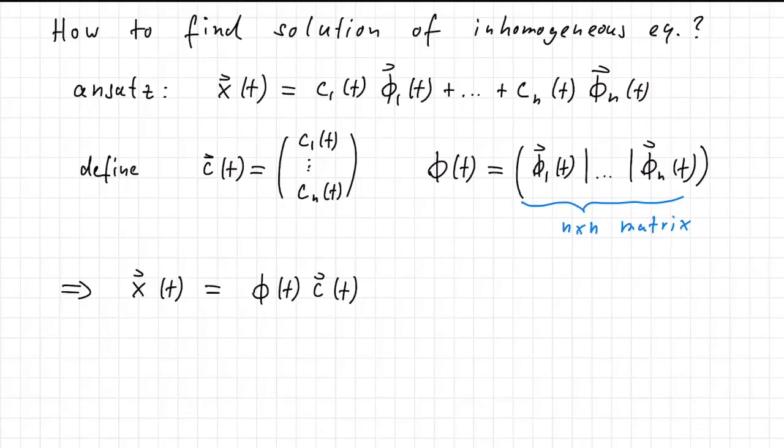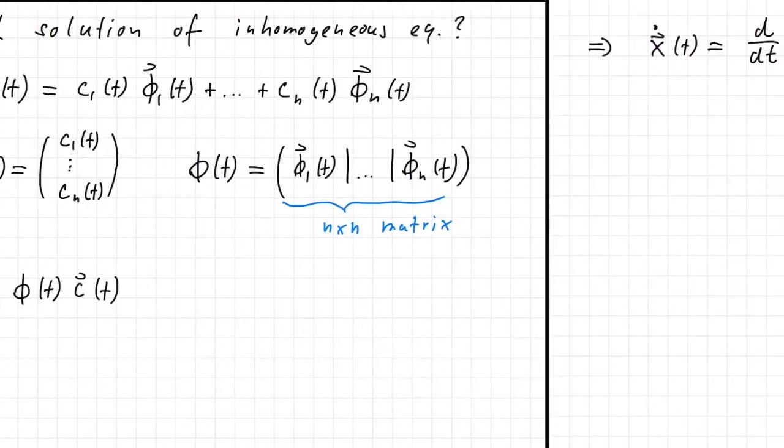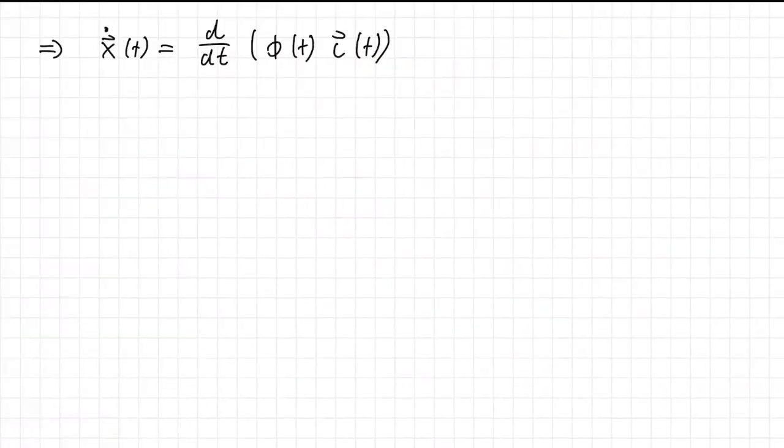We will now put this ansatz into the differential equation. Differential equations start with x dot of t, so we need to compute d dt of phi of t times c of t. We have a product here, so we need to use the product rule. And we get phi dot of t c of t plus phi of t c dot of t.